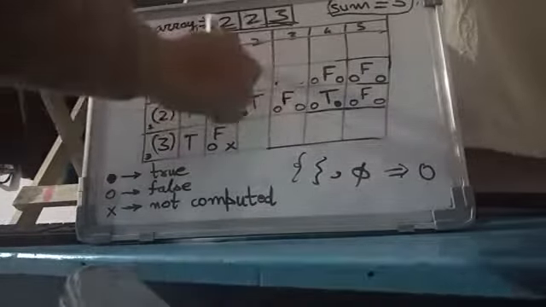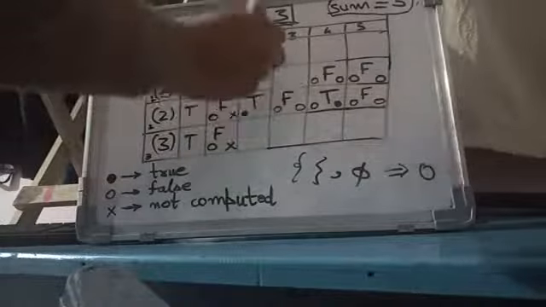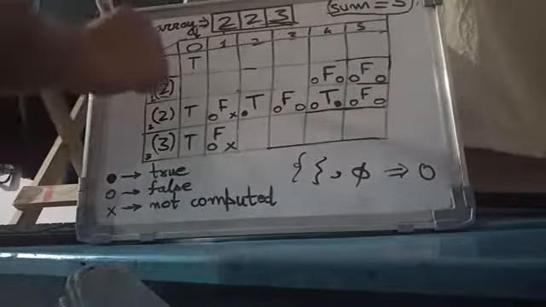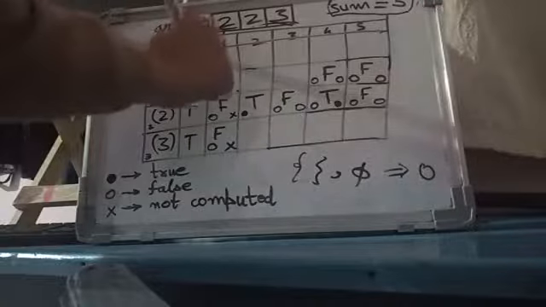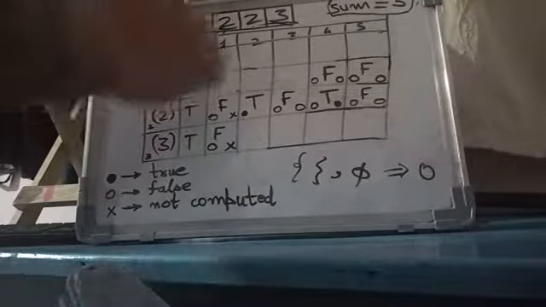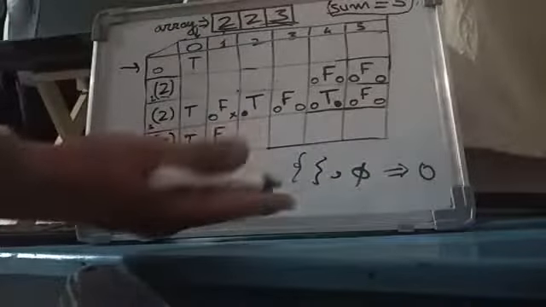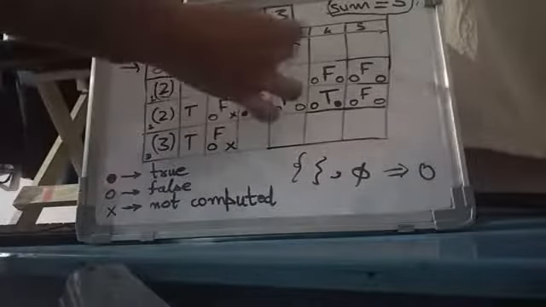Okay, now we are ready to go. You already know that a null set containing zero elements will not have a sum greater than or equal to 1. A null set cannot obviously have a positive sum or a negative sum. So I'll put false in all these blocks.